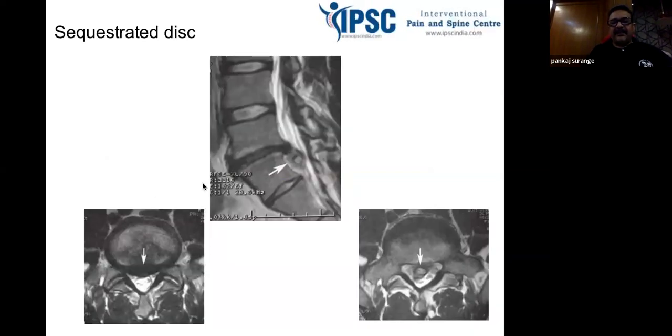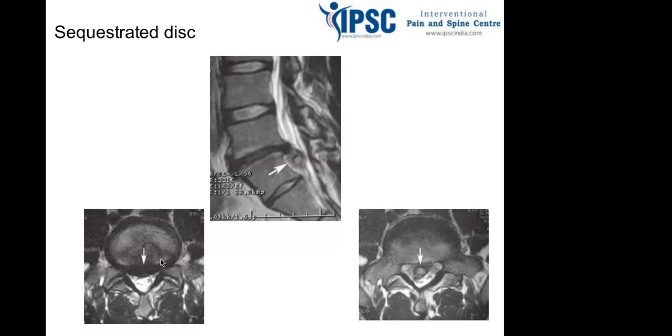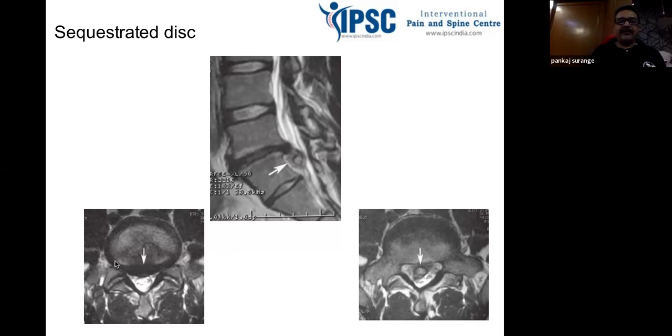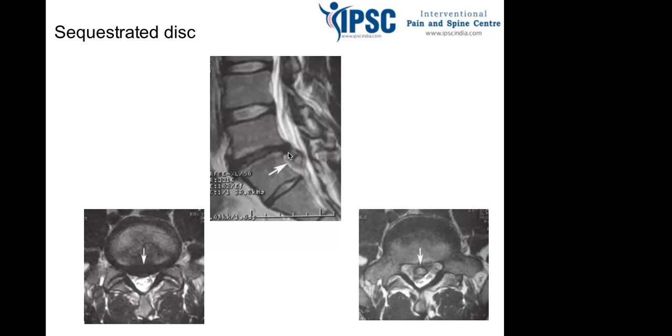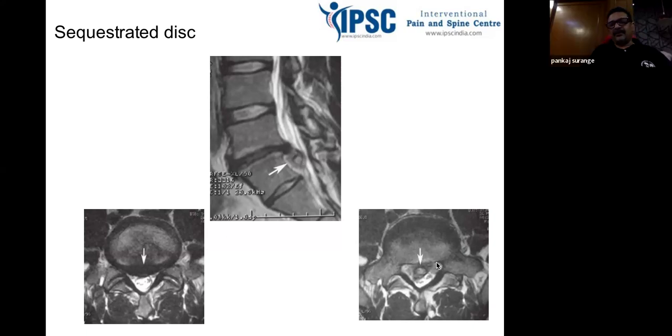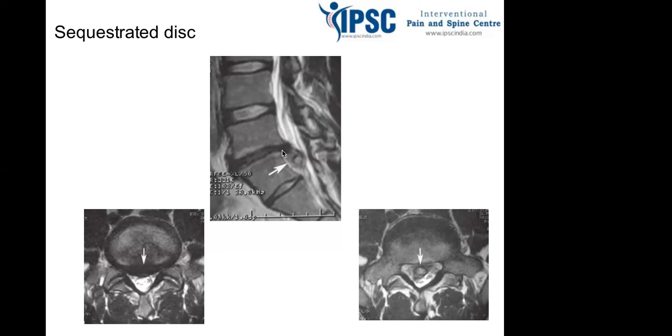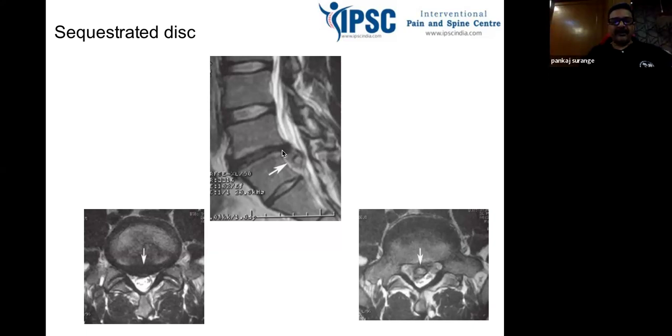If you take a section from here, is it not looking like a contained herniation? Why has this happened? Because the annulus has retracted and sealed, and the fragment has come out. This is sequestrated. That means it is detached from the parent disc, so it is free flowing inside the canal.